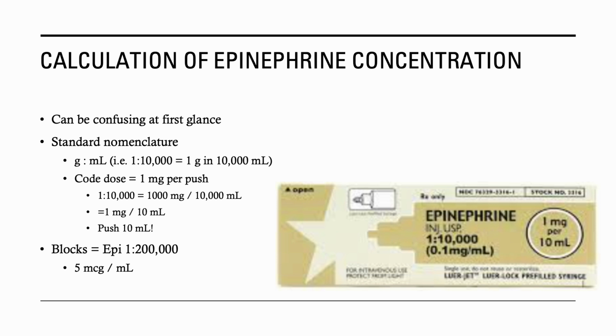Now, we use epinephrine sometimes in regional anesthesia as well for the purpose of having the blood vessels constrict in the area of injection to prolong the duration of the block. Generally, the concentration that we use of epinephrine in this setting is 1 to 200,000. It's much, much more dilute than what we have in the Pyxis machine.